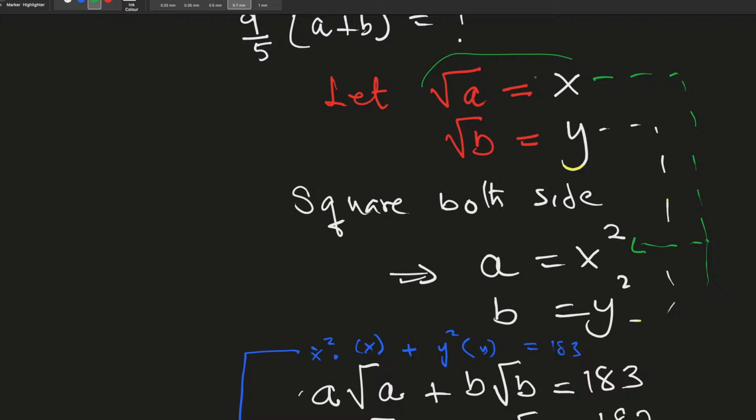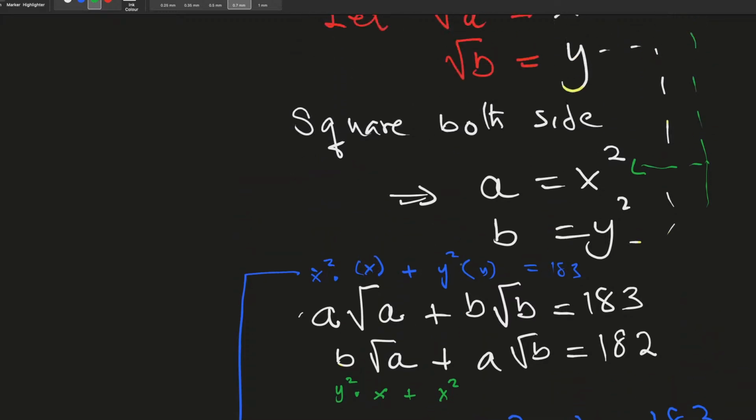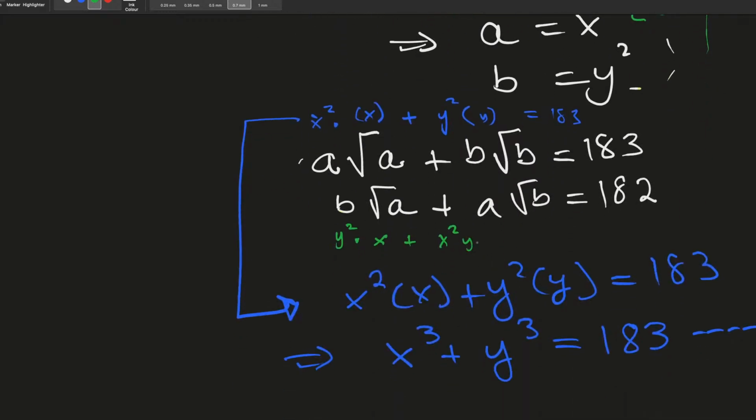Good. So let's put that back. The set of a is x, plus, we know a is equal to x squared, and the set of b, we know that it's equal to y. So when we put in y here, this is equal to 182.